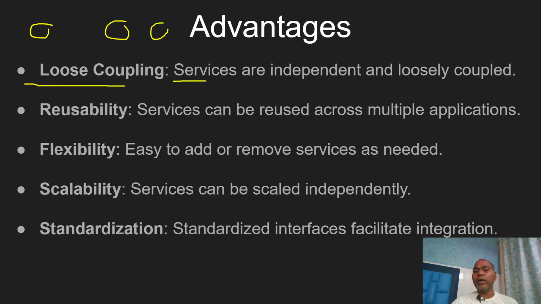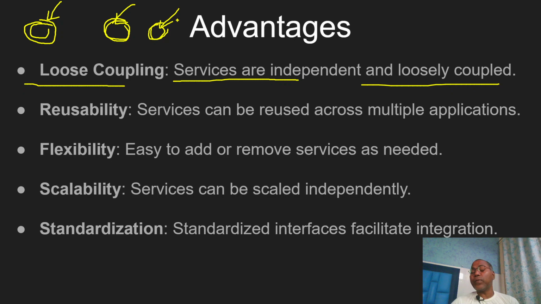The services are independent and loosely coupled. Even if they use different technologies, one developed in C, one in .NET, one in Java, any different language or platform, due to the standard definition, the standard interface and the standard protocol, cross-language applications or services are still able to communicate and talk to each other.